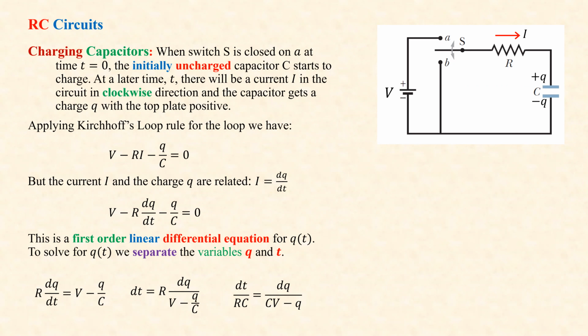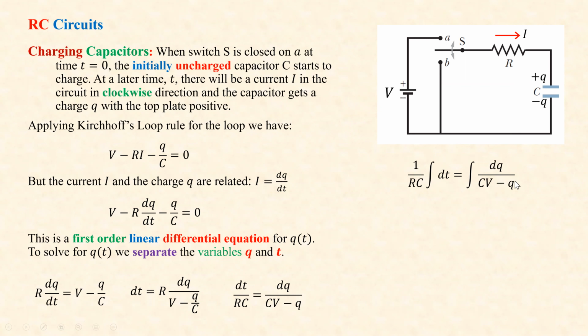And now we can integrate both sides. And 1 over RC is constant, comes out of the integral. We get integral of dt on this side. The other side becomes integral of dQ divided by CV minus Q, right? And you know how to integrate. Integral of dt becomes just t.